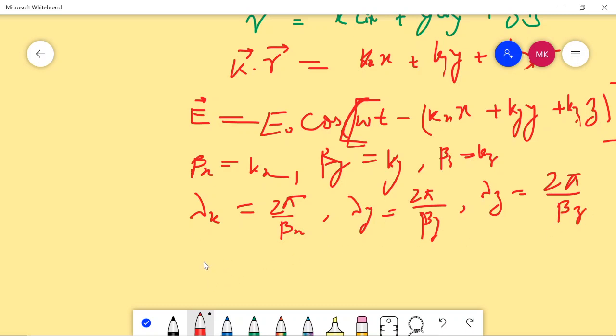And lambda is just 2 pi over beta, or 2 pi over the magnitude of this wave number vector.